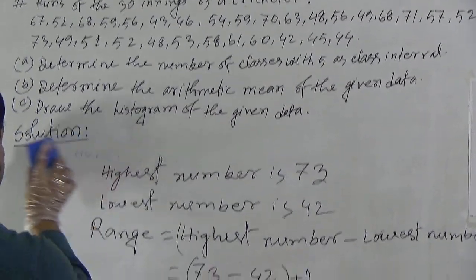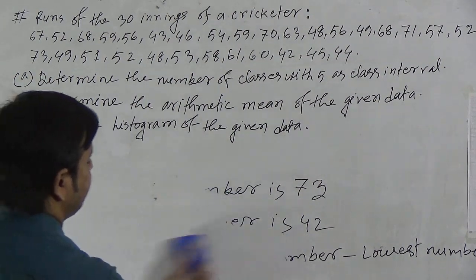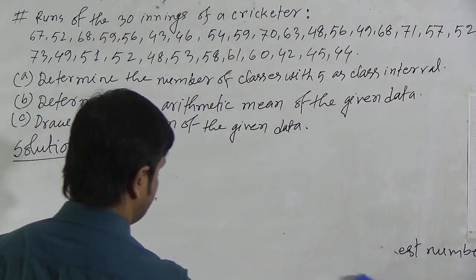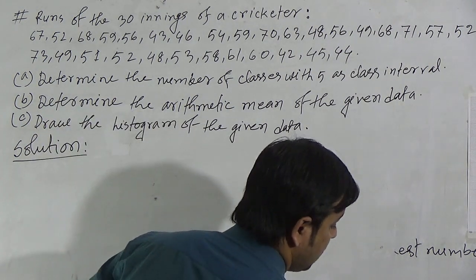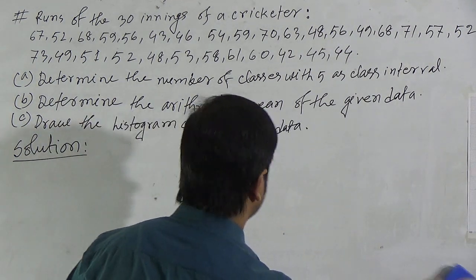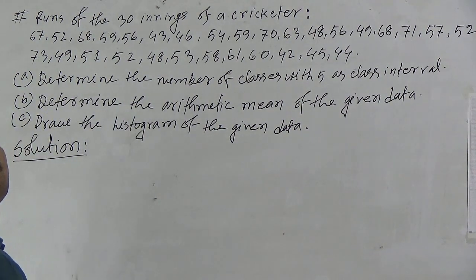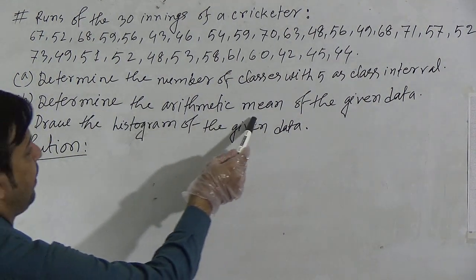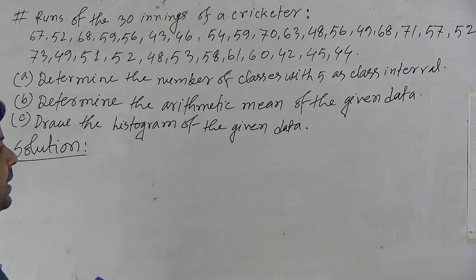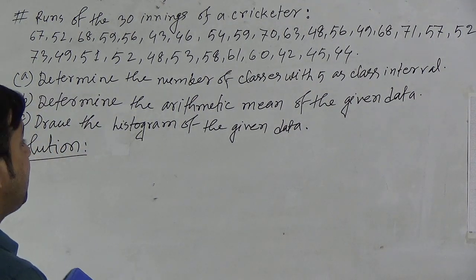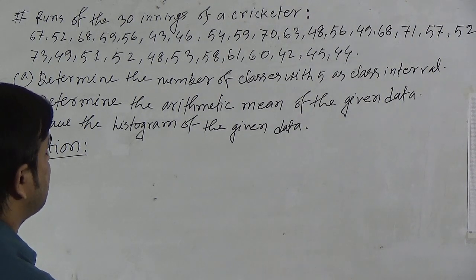Now we will solve question B. Question B now. Determine the arithmetic mean of the given data. To determine the arithmetic mean of the given data, we have to prepare a frequency distribution table.